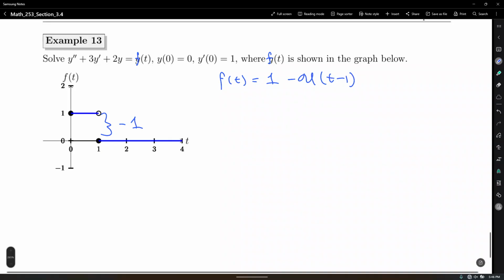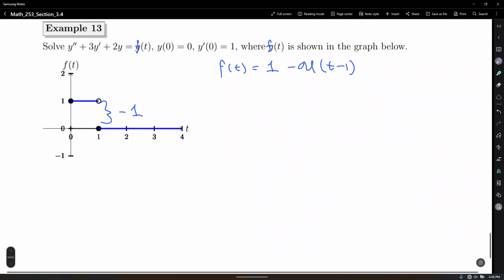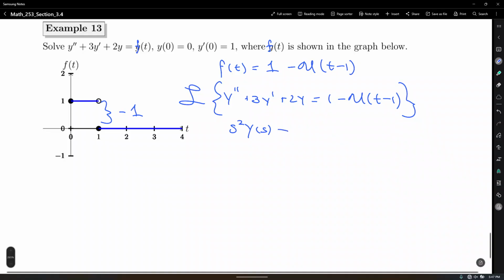So what's next? Let's rewrite the equation: y double prime plus 3y prime plus 2y equals 1 minus u of t minus 1. Let's find the transform of all of this. That is s squared Y of s minus s y of 0 minus y prime of 0.